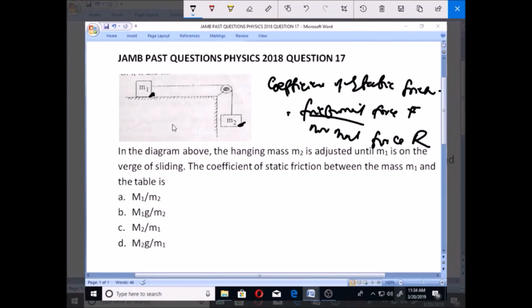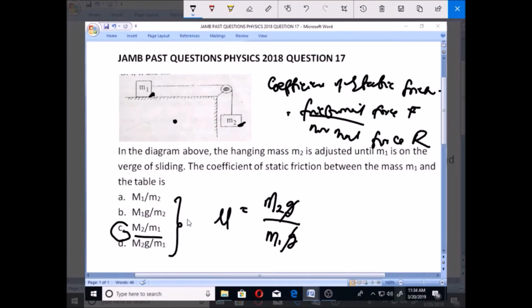Then basically, looking at this diagram and looking at the options that we have here, you can simply relate this by saying that mu is the force by this M2, which is mass times acceleration due to gravity, all over the force by this M1, also times this acceleration due to gravity. So if you cancel this g, you will have mu equal to M2 over M1, and that is C as being the option and the correct answer for this. So C is the answer. Thank you.